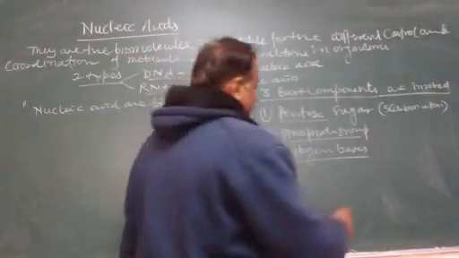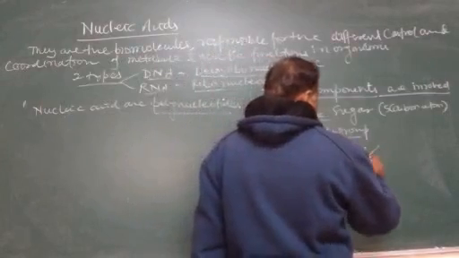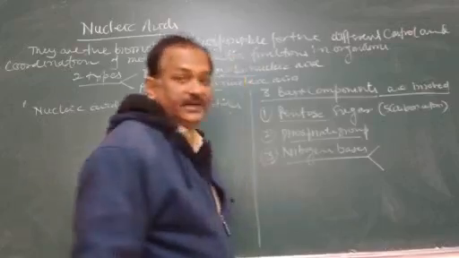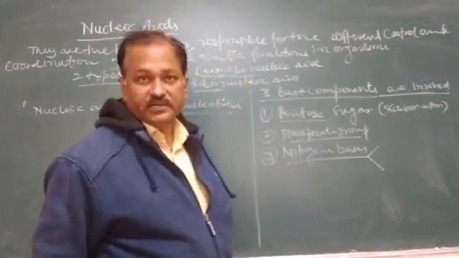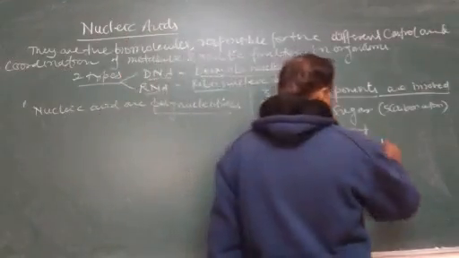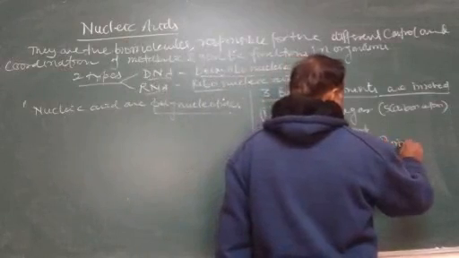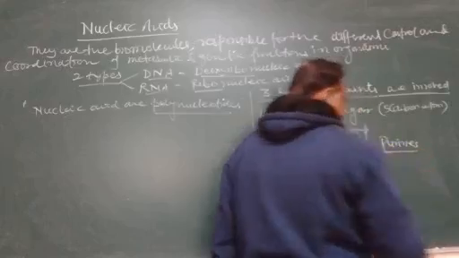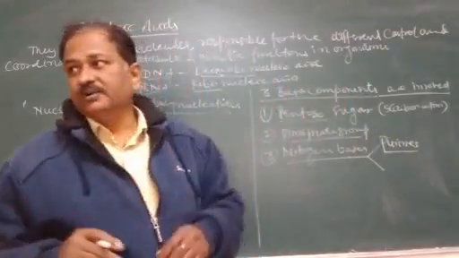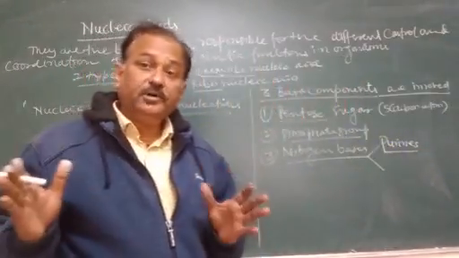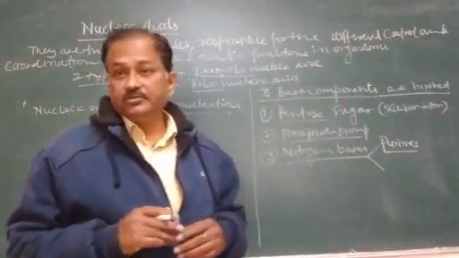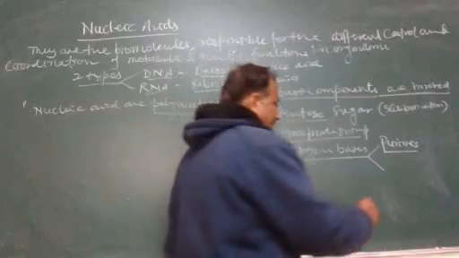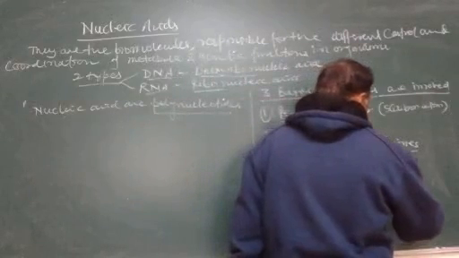Now nitrogen bases have two categories. One category is purines. Purines are a group of organic compounds of nitrogen. And second is pyrimidines.